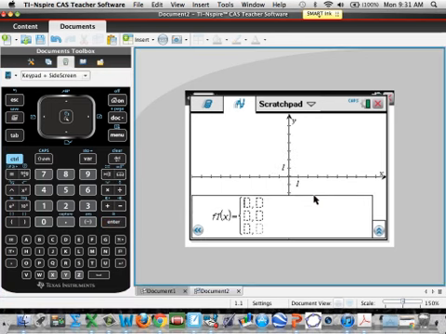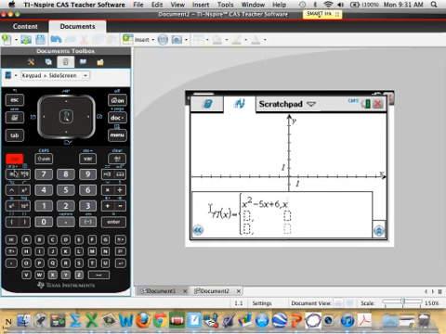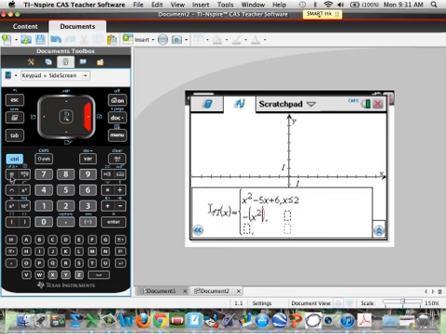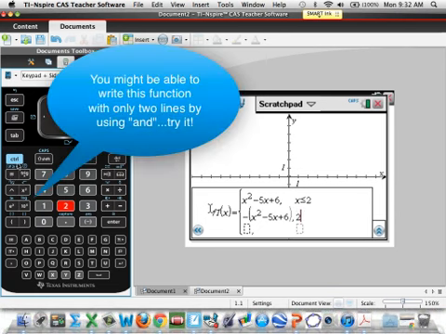And the first piece is going to be x squared minus 5x plus 6, and that's going to be when x is less than or equal to 2. We're going to use the opposite of x squared minus 5x plus 6 when x is between 2 and 3.